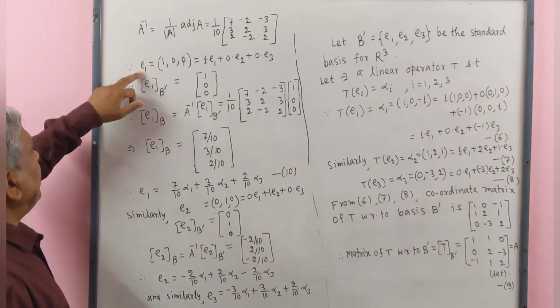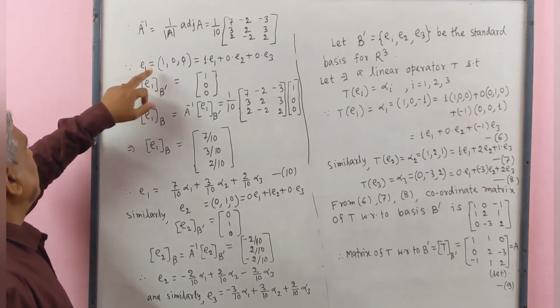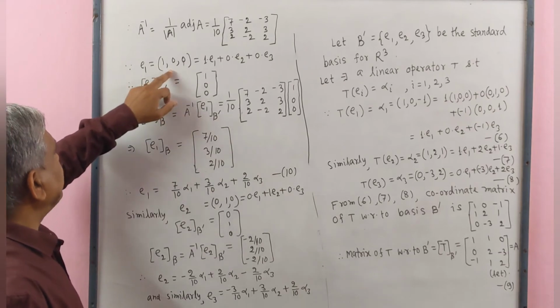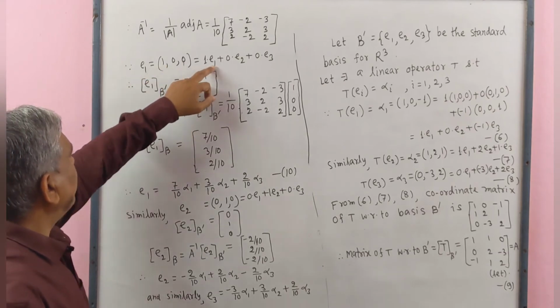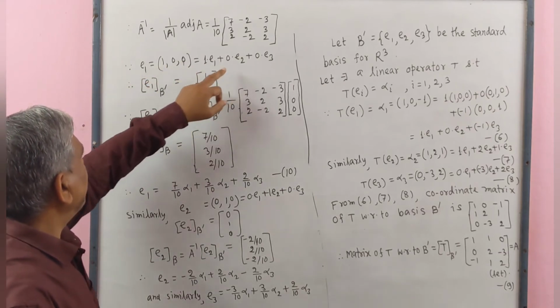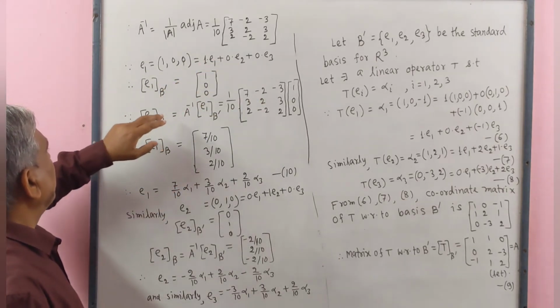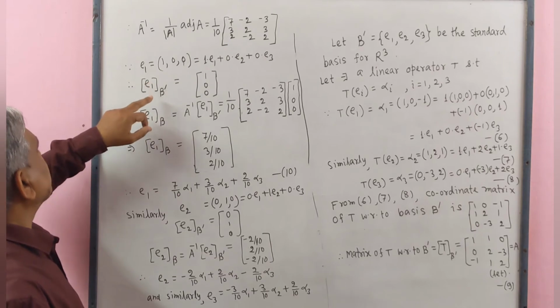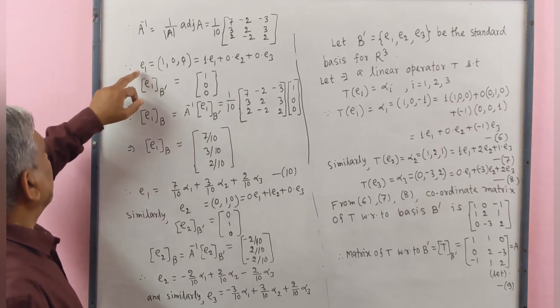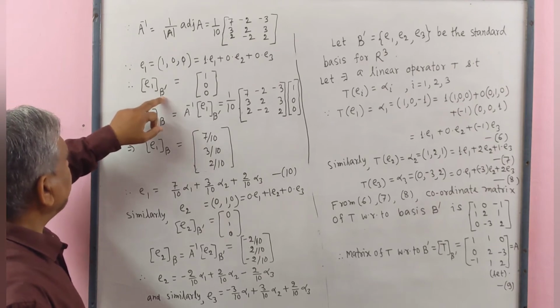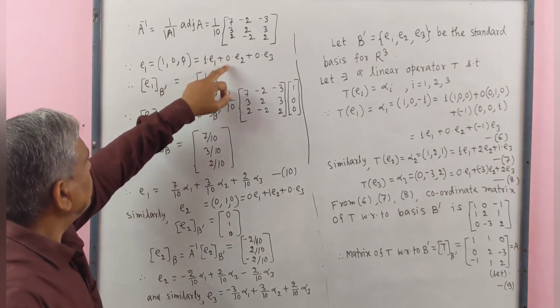Since e1 is the ordered triplet (1, 0, 0), we may write this as 1 into e1 plus 0 into e2 plus 0 into e3. Therefore, the coordinate matrix for e1 with respect to basis B prime is the column matrix 1, 0, 0.